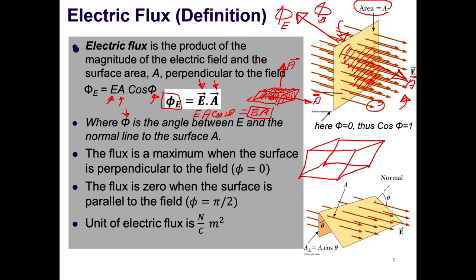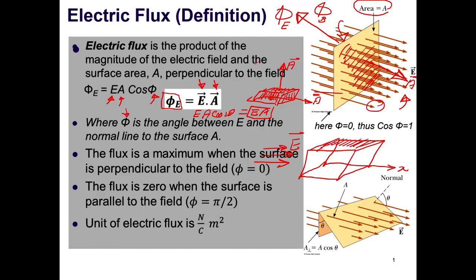Now this box has 6 sides, of course: left, right, up, down, front, and the back. Let's assume there is an electric field going in the direction of the x-axis, this way. Now let's try to find the flux going through this surface.